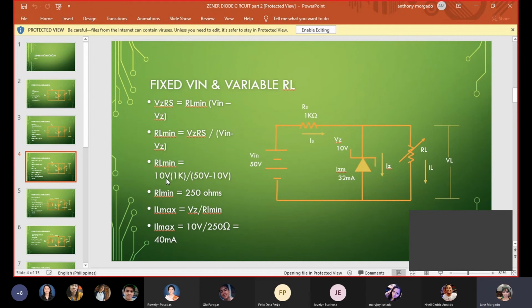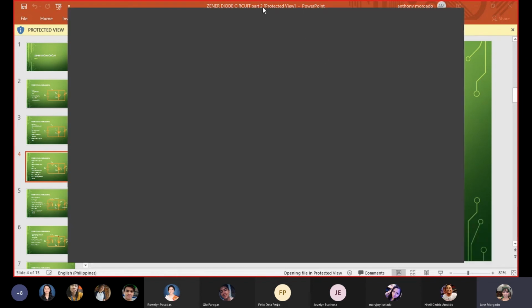So, RL min is 10 volts times 1K over 50 minus 10 volts. We have supply of 50 volts. Therefore, this is 10 times 1K over 40 volts, which is actually equal to 250 ohms. Tama ba? Verify nyo sa calculator nyo.